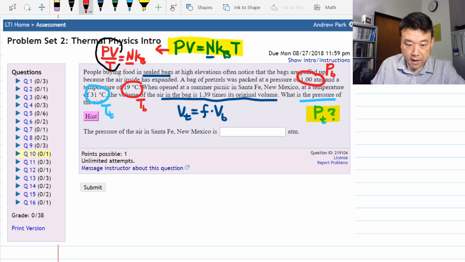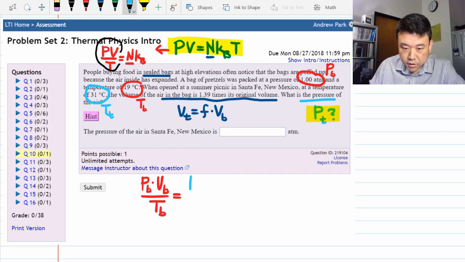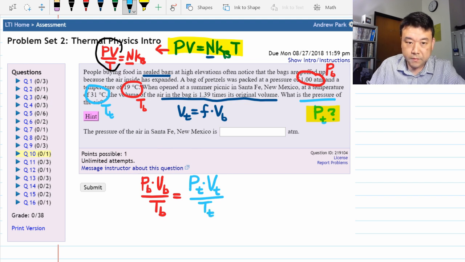So I would write down pressure at the bottom times volume at the bottom divided by temperature at the bottom is equal to pressure at the top times volume at the top divided by temperature at the top.